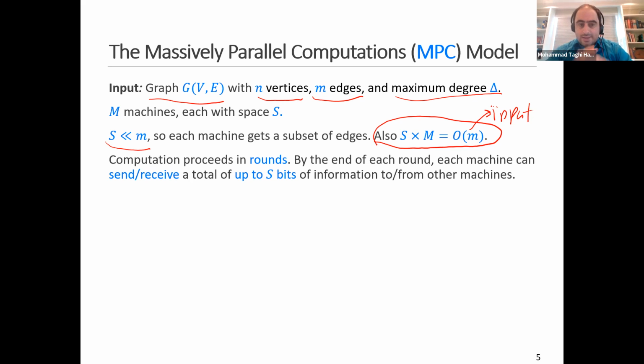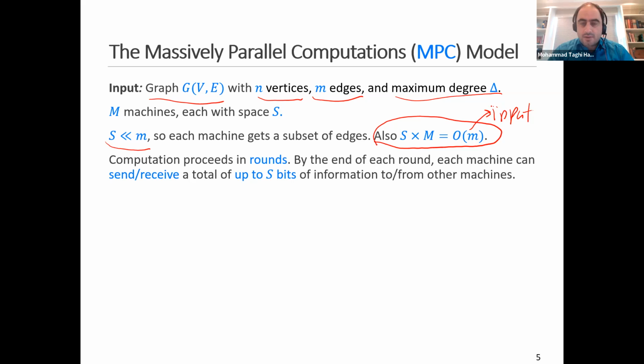Okay, now given this, I mentioned these computers, here we have this kind of computers, just a space of these machines, which is important. And that can also be different for different machines, because as I mentioned, if you have a strong server, you can break it down into smaller servers thanks to the virtualization that we have. Anyhow, for this one, we are assuming that these machines have the same space. Now, computation proceeds in rounds.